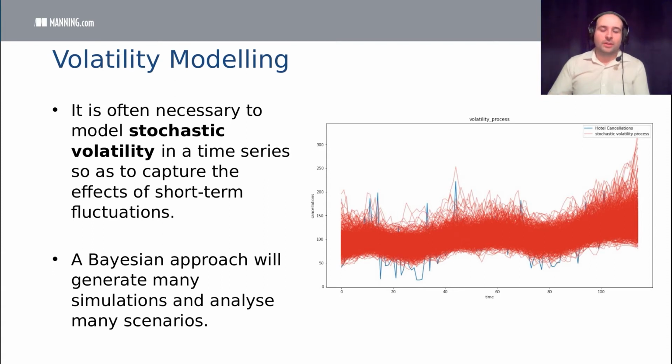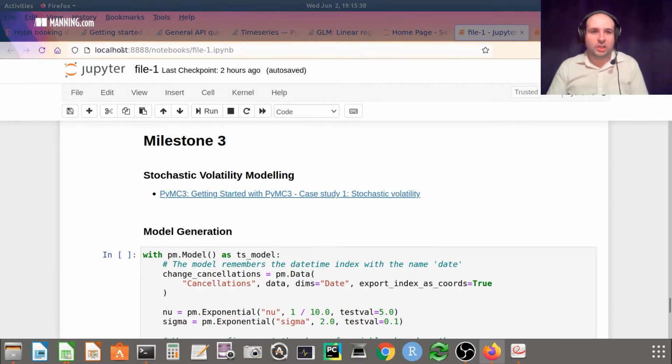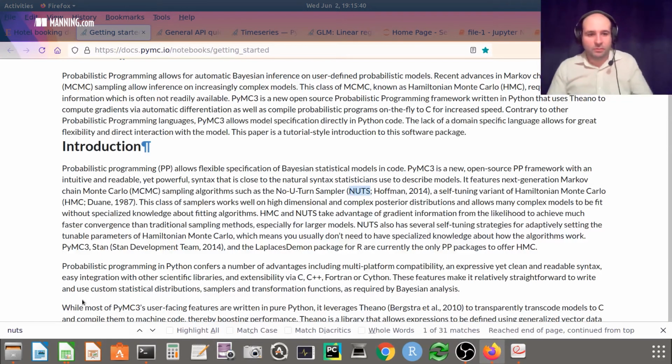You're going to have these random fluctuations that can't necessarily be predicted in their own right. And so the closest we can get to that is predicting the volatility behind those short-term fluctuations. Now, just to show you in the documentation the example here of the stochastic volatility.